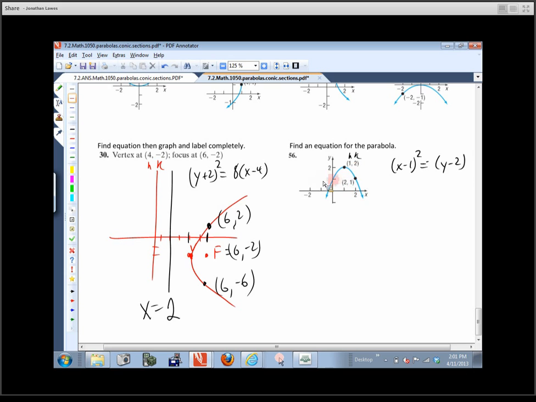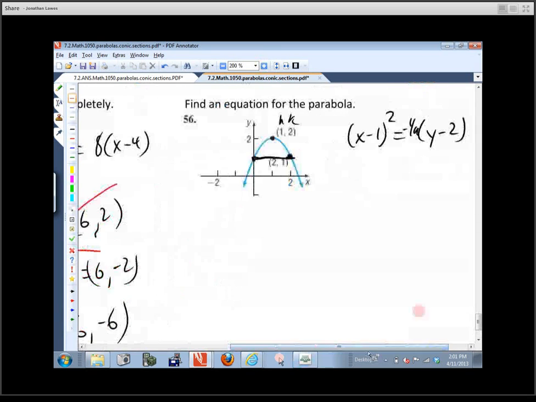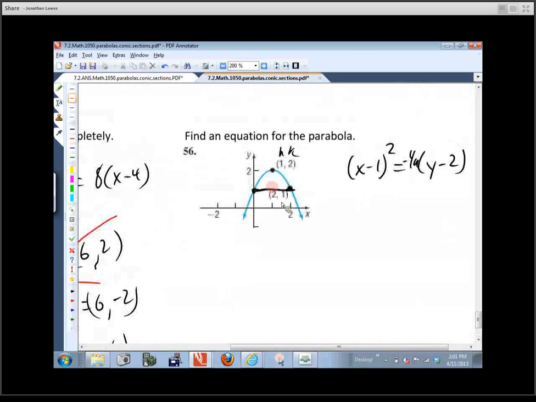Would we just want to assume that these are the endpoints of the latus rectum? Did they tell us where the focus was? Nope. Any ideas on how we figure out what A is? The whole thing is 2. That's from side to side, but we don't know that the focus is right there. The focus could be here, it could be out there, it could be a lot of different places.